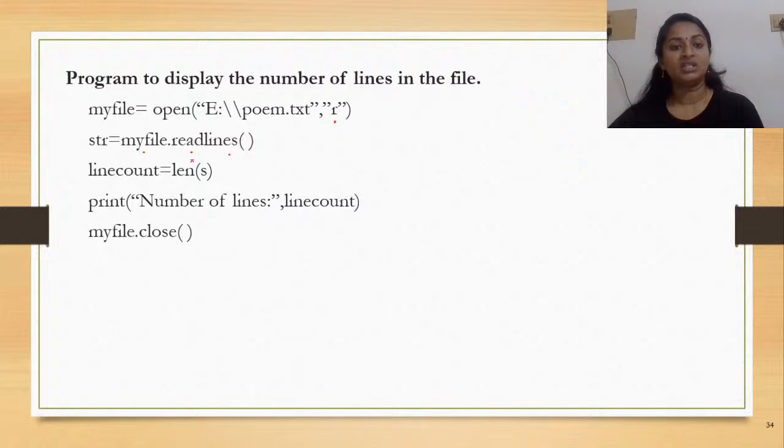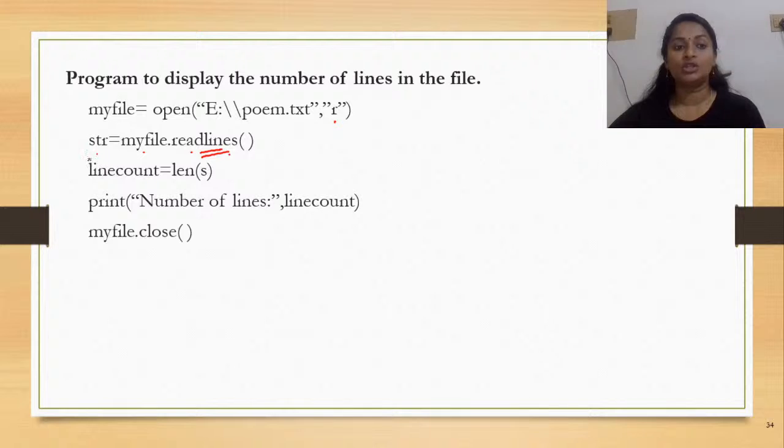So the solution is using the function readlines. When you're using readlines, this function reads all the lines of your file and returns them as a list, so it is actually containing a list of strings.